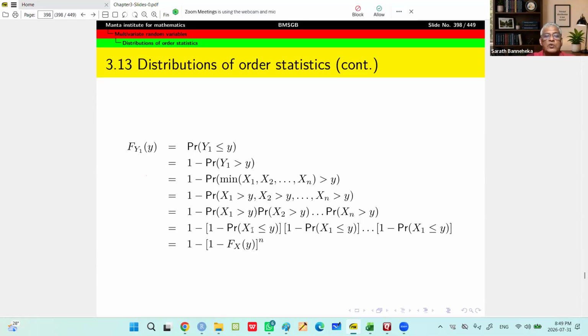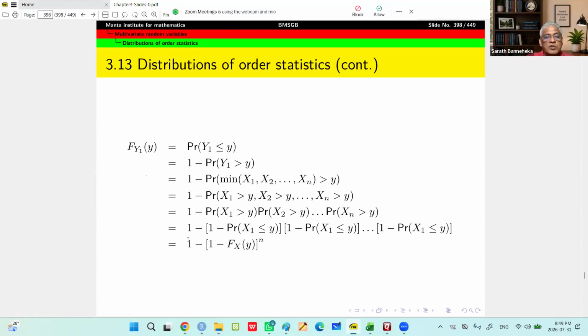So suppose the cumulative distribution function of X1, X2, X3 is the same for all; let us denote it by F_X. Then what you have here is 1 minus F_X evaluated at y. This is again 1 minus F_X evaluated at y, and again 1 minus F_X evaluated at y.